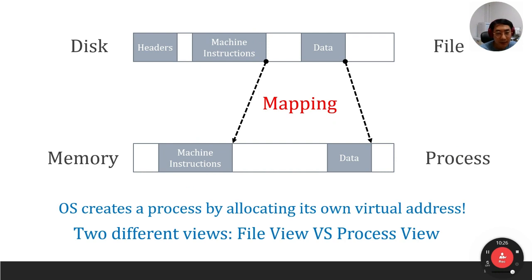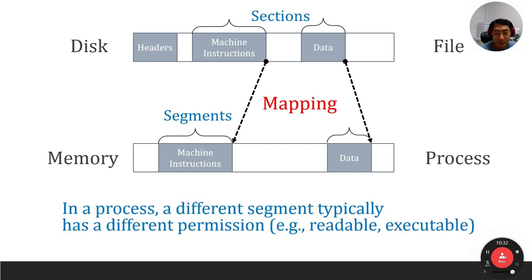As I said, we have totally different views. One is the file view and the other is the process view. If your executable file is stored on a disk, then each different region is called a section, and in memory each different region is called a segment.